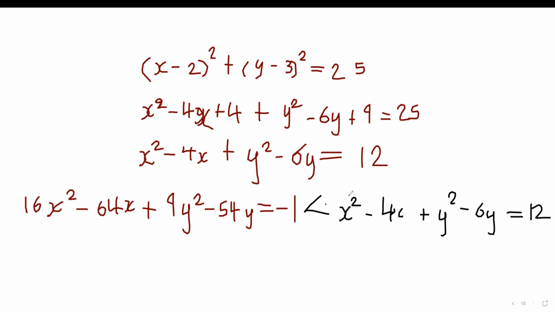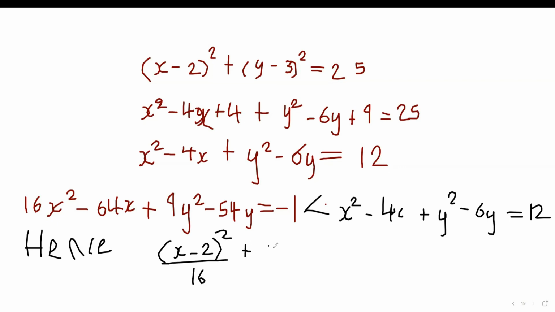And so since this one is less than this one, hence, remember that equation that we started with was x minus 2 all square over 16, plus y minus 3 all square over 9.